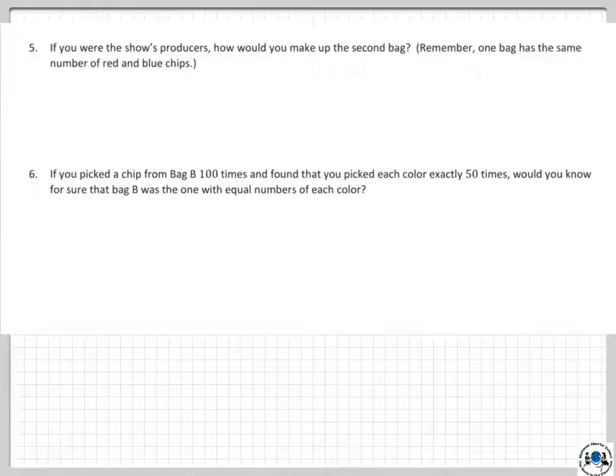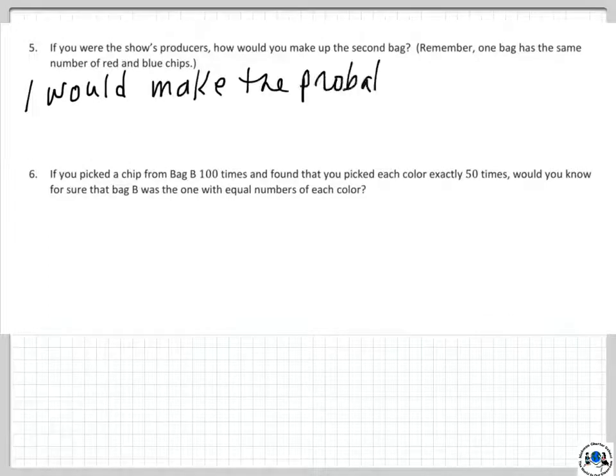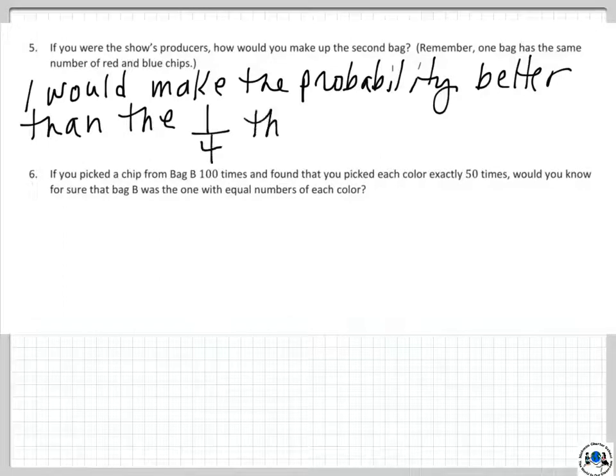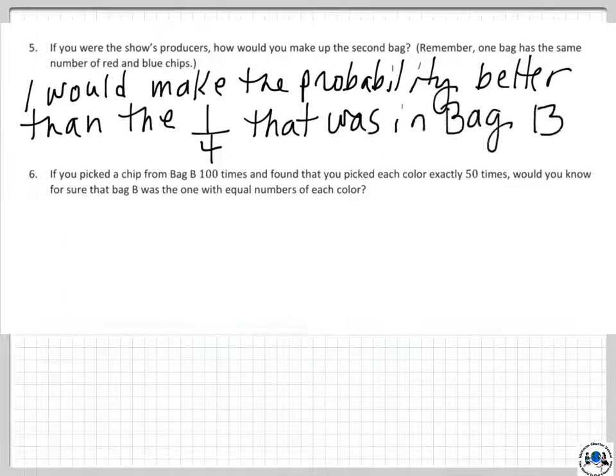But the 3 blue and 9 red, I thought for me was a little bit overkill on the lose side. So I think I would make the probability better than the 1/4 or 1 out of 4 in bag B. So if you had one that was maybe 50-50, which was like bag A, 50-50, 1 out of 2 chance, that should be your best.